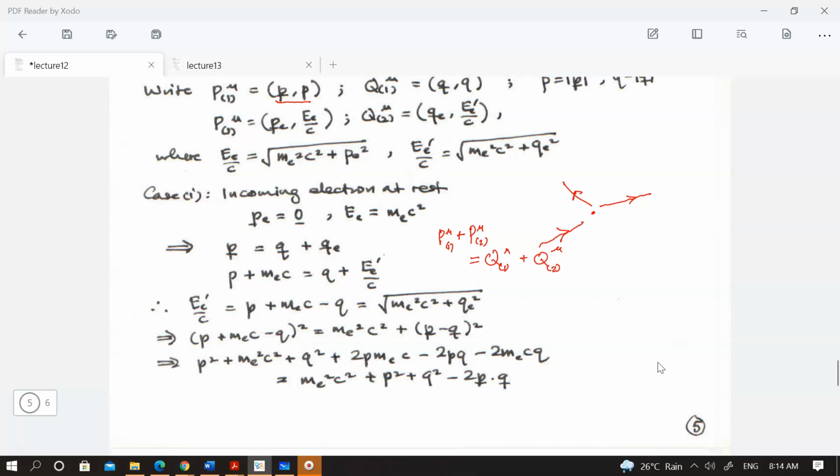For the fourth component, it is given by the magnitude of the three-momentum of the photon plus the rest mass energy, equal to the magnitude of the three-momentum of the photon after the collision plus the relativistic energy of the electron after the collision divided by c. What we are going to do with all these equations is manipulate them to get what we call the Compton formula.